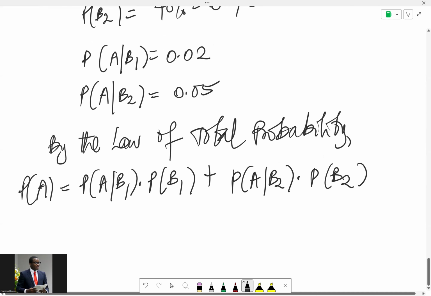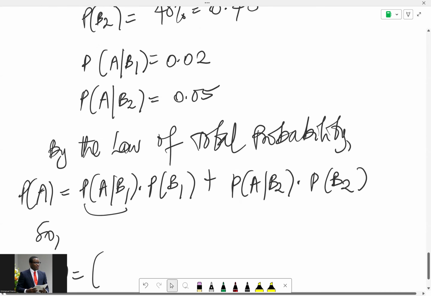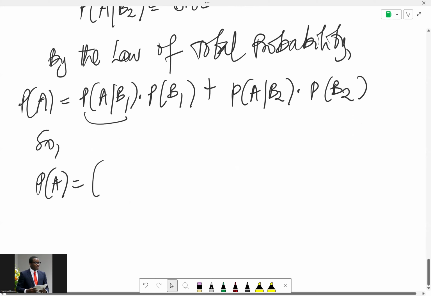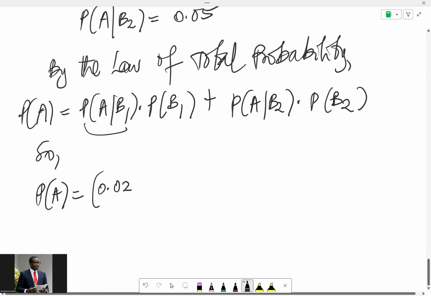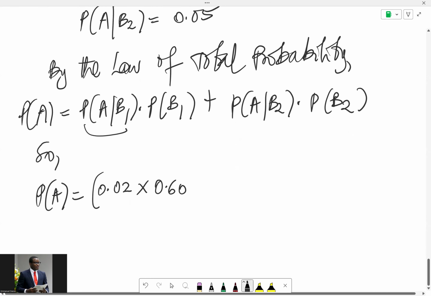So that is 0.02 multiplied by 0.60, plus 0.05 multiplied by 0.40.